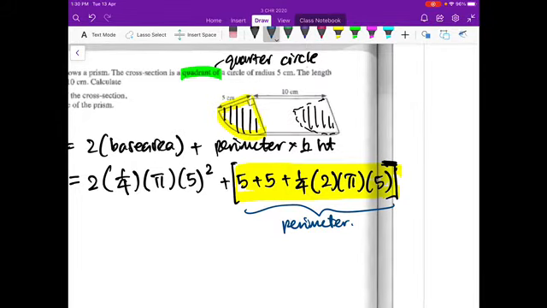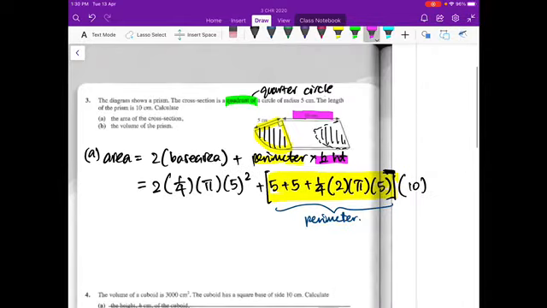But the perimeter itself is not enough. We still need to multiply by the perpendicular height. So this is the perimeter. Then the next part is our perpendicular height, which is 10. So base area, this is the one.